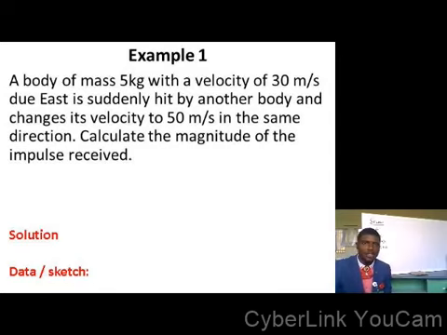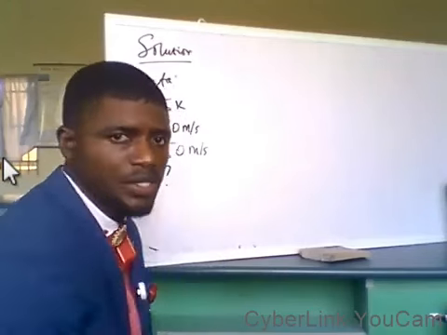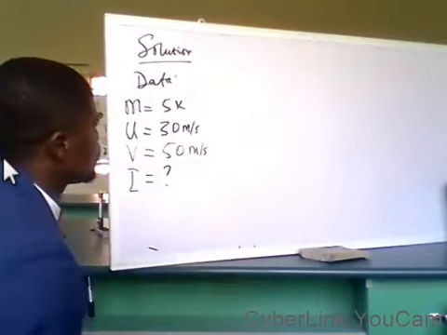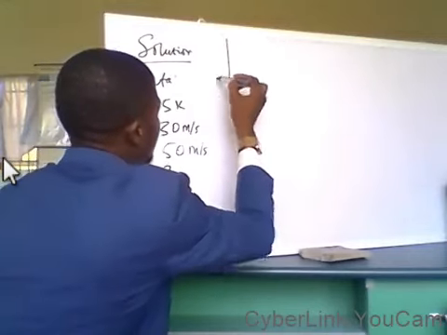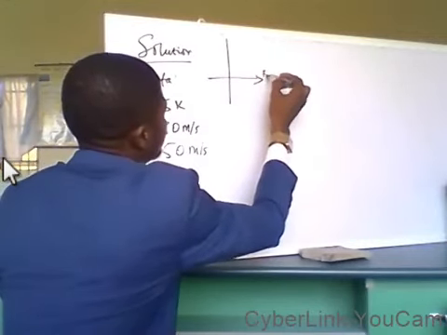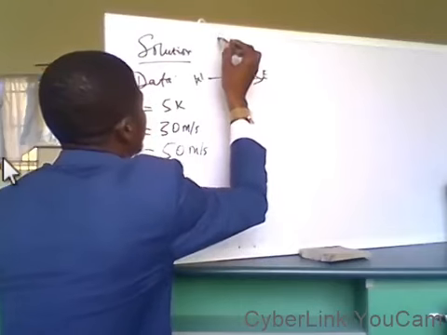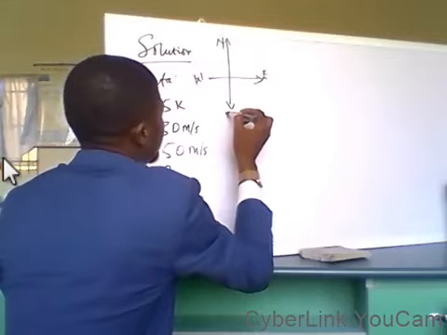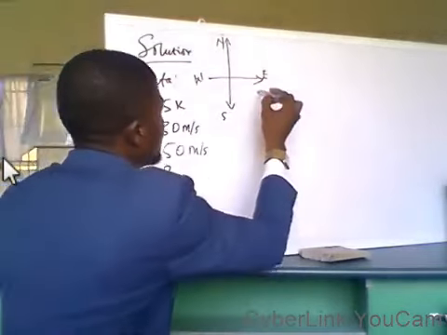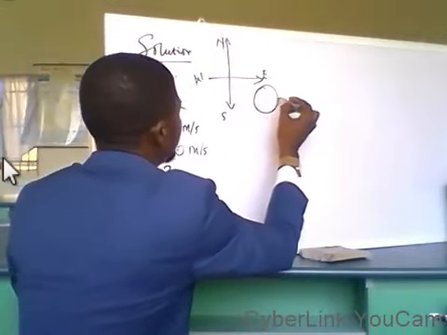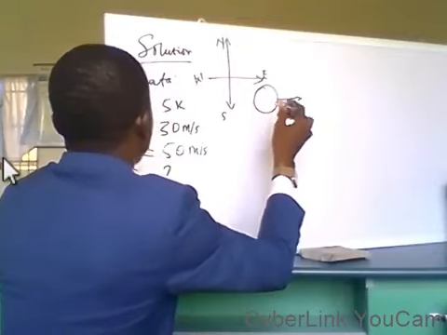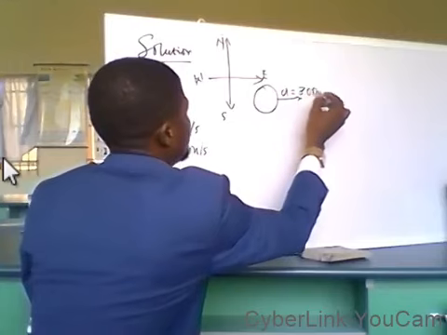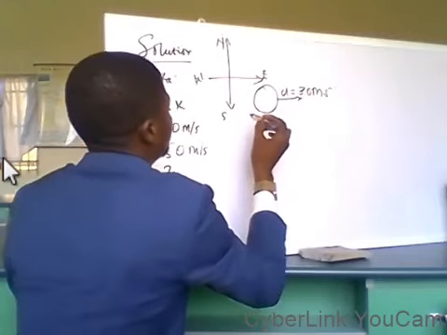Let's quickly look at what we are discussing here. You see, this is our cardinal point. This is east, and this is west, and this is north, and this is south. And so the body is moving this way with an initial velocity of 30 meters per second.